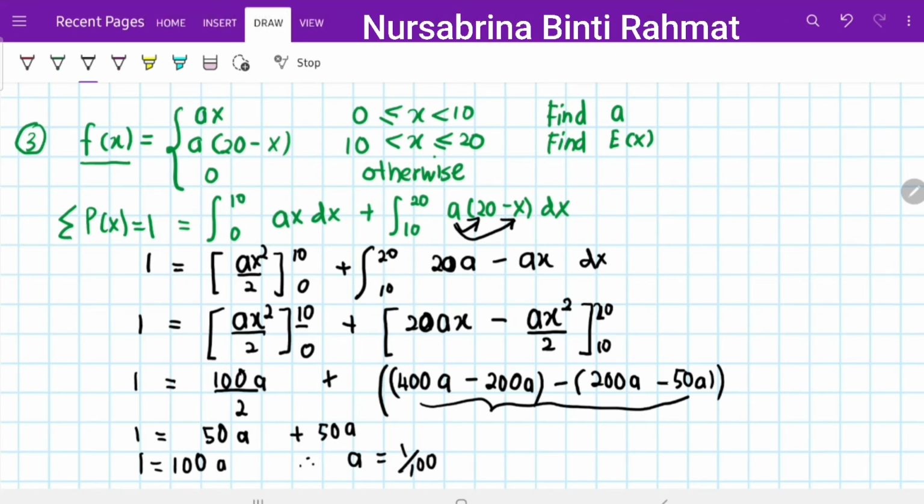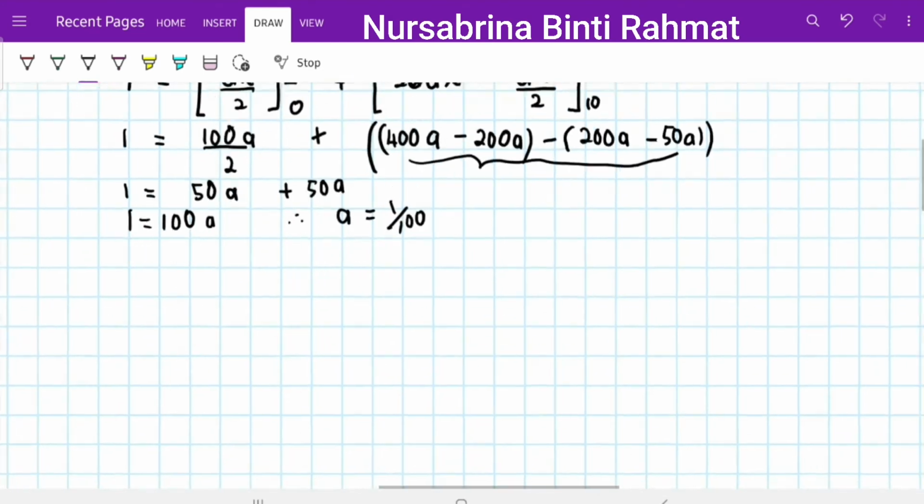So that is your a. You have already solved the first question. Now we need to move on to the second question, which is to find E(X). Before we solve for E(X), we first need to rewrite the probability density function by replacing a with its value.